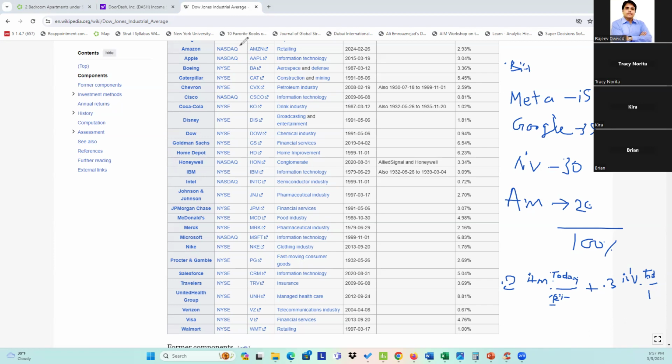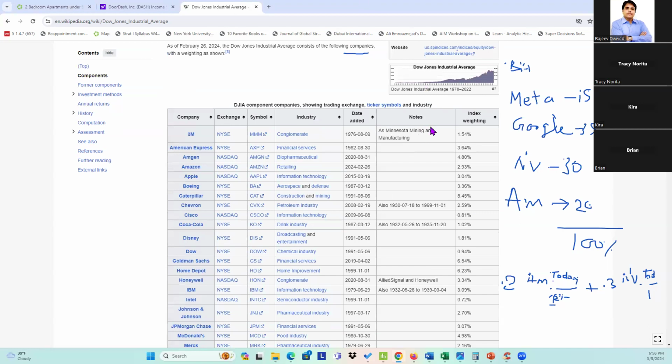For example, here it gives you the day of incorporation, day added. So 3M was added in 1976. So in 1976, when this was added, what was the price of 3M stock and what is the current price?